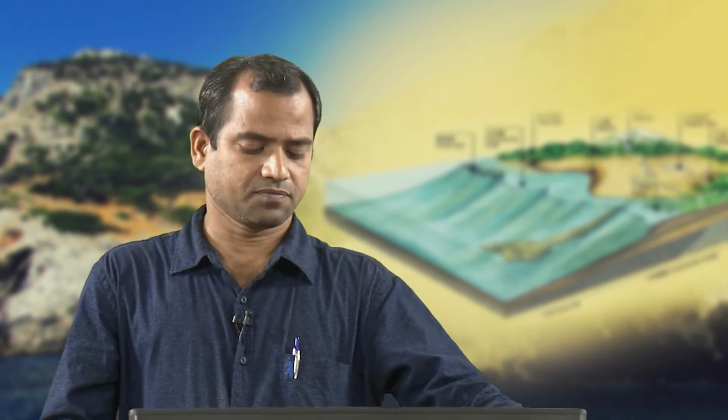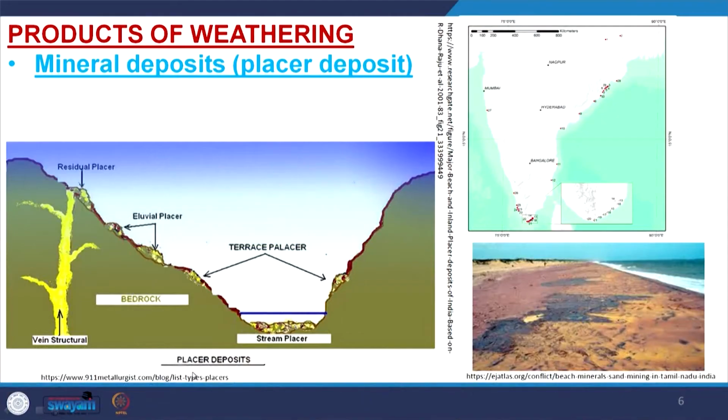So, if you see placer deposits in particular, placers are formed due to more mechanical weathering. For example, suppose we have a vein structure, say a gold vein, and this is the slope face of this hill.